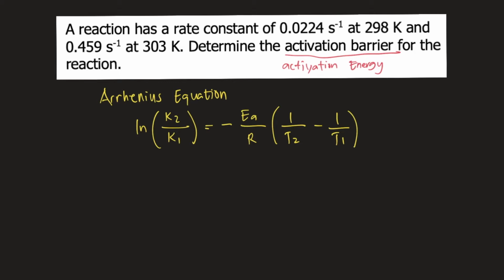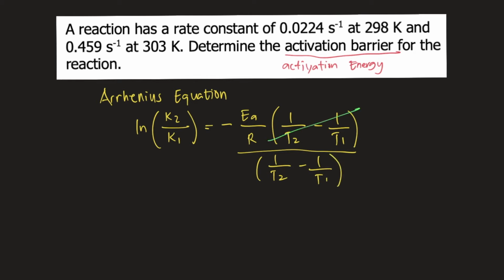Since the question is asking us to solve for the activation energy Ea, we need to rearrange the equation. So first thing, divide both sides by (1/T2 - 1/T1).